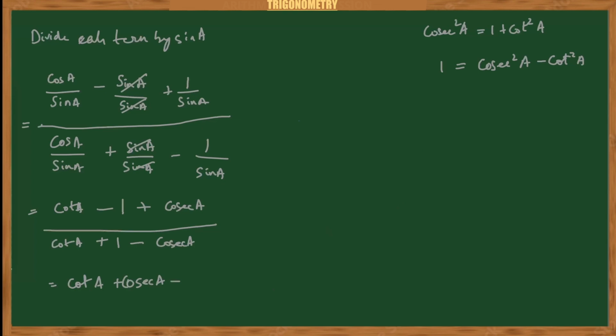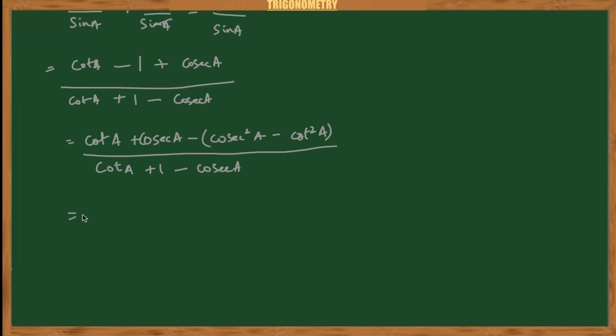Let's replace 1 with the value we have received. Minus sign is there. 1 we will replace with cosecant square A minus cot square A. Cot of A plus 1 minus cosecant A. Now further simplifying, we get cot of A plus cosecant of A minus. Down here, there is a term which we can correlate.